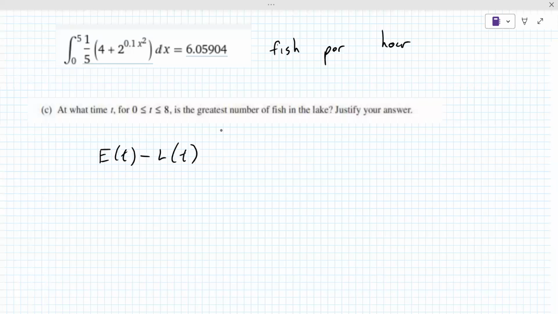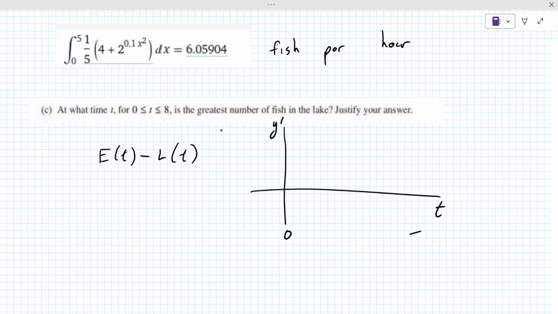So if we were to look at some sort of a graph of this, remember that we're looking at derivatives. This is like y prime here and t from 0 to 8. Do you remember what sort of a crossing gives you a max or a min for the original?